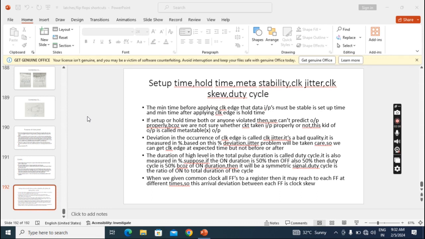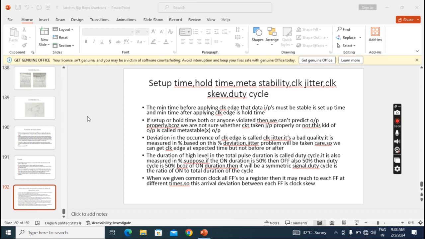And coming to the duty cycle, suppose we take a clock cycle. It contains an on duration and an off duration. The total on time divided by the total duration of the pulse gives the duty cycle. It is also measured as a percentage.